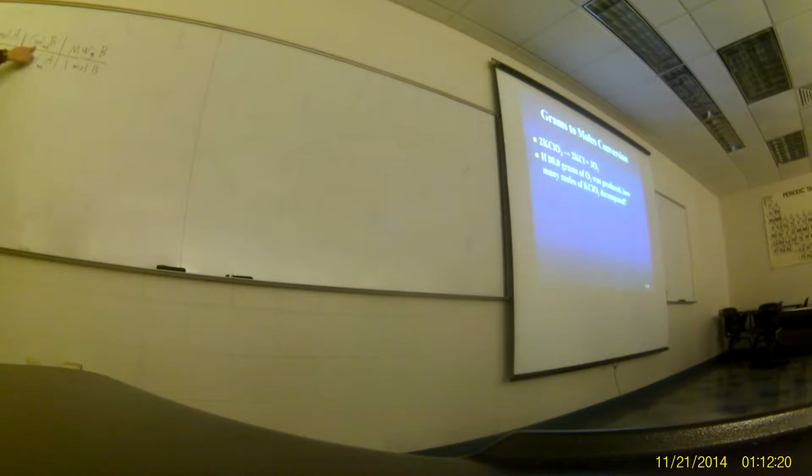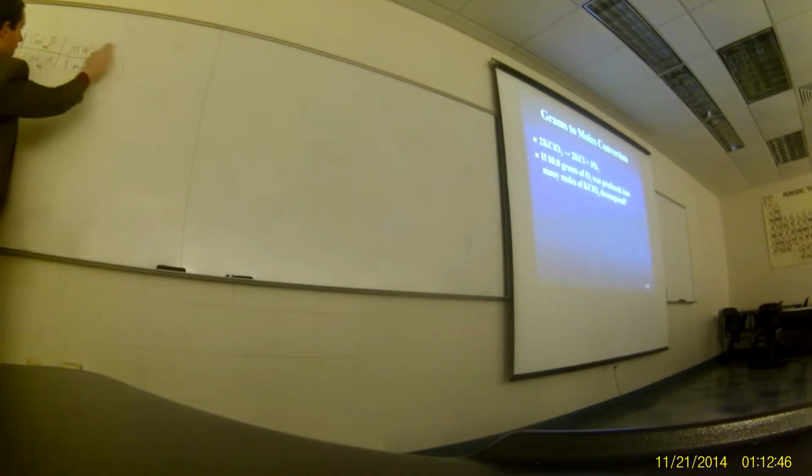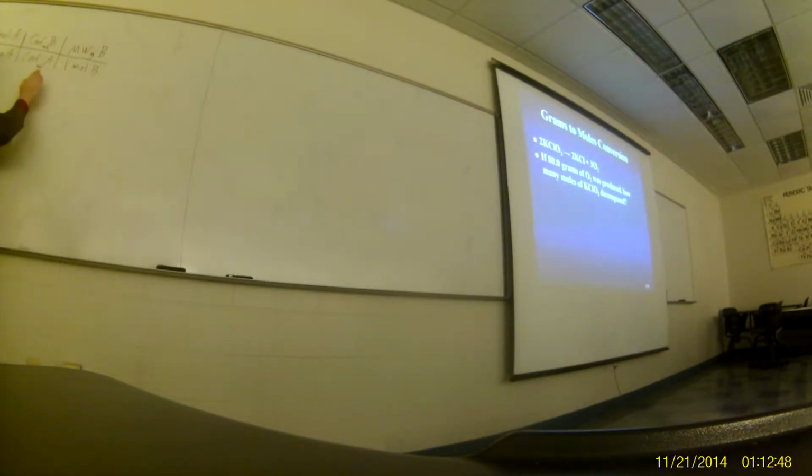In grams to moles, we're going to go from here to here. And so we're going to start with however many grams of A, that's going to go there. If you're starting here, that number is going to be a 1, always. So then all we need to do is calculate the molecular weight of A, use our coefficients, and we're done. In this case, we're not using this part yet. We're going from here to here.